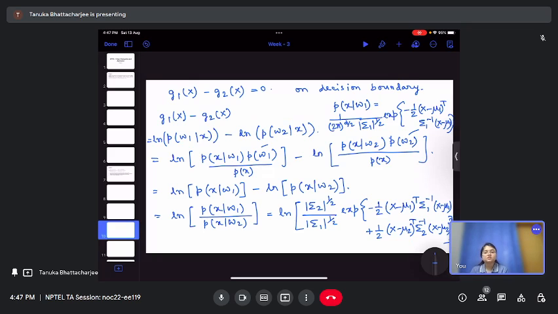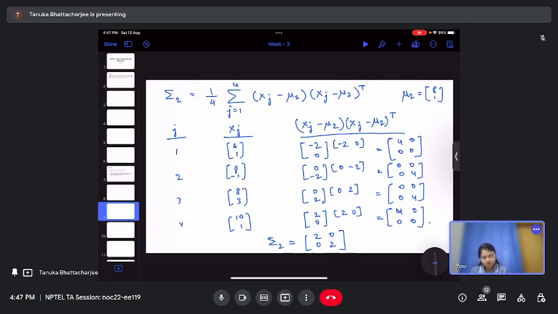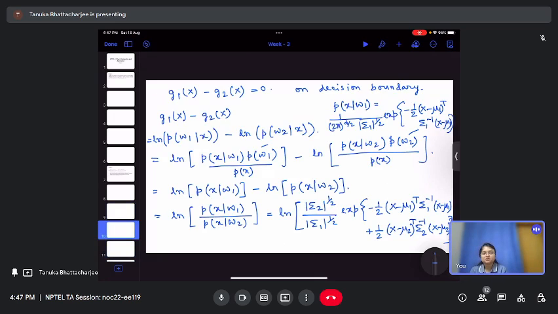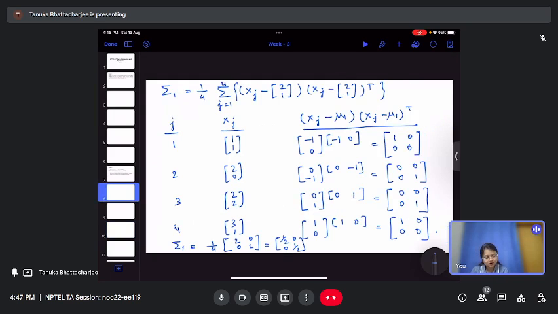We get determinant of sigma 2, which was 2 0 0 2, so the determinant will be 4, the product of the diagonal terms. So 4 divided by the determinant of sigma 1, which was half 0 0 half, so the product is 1 by 4, determinant is 1 by 4.